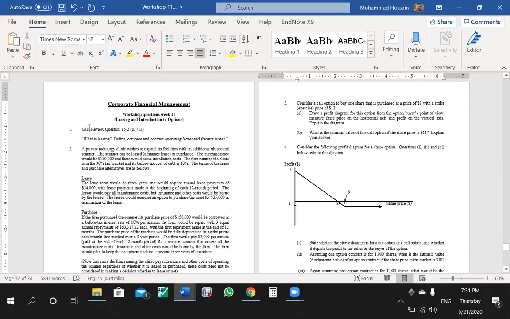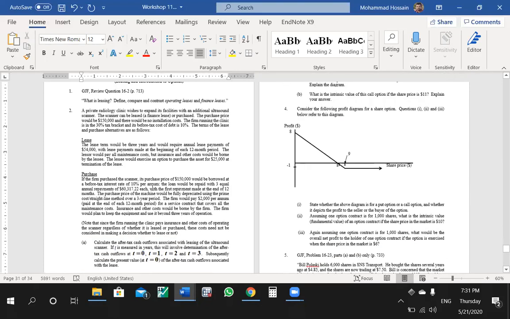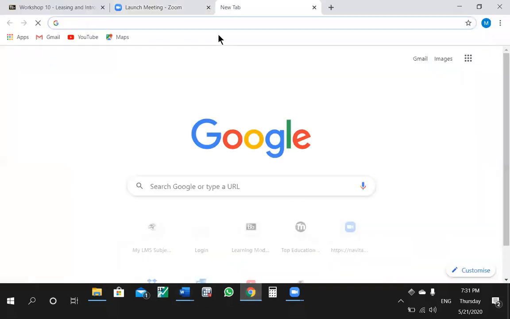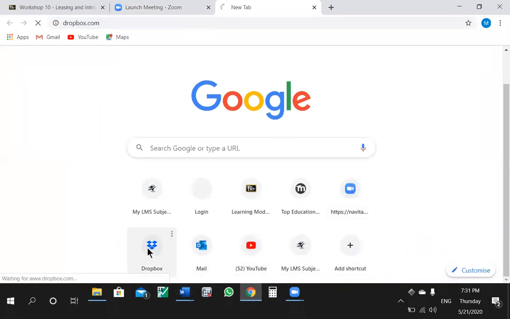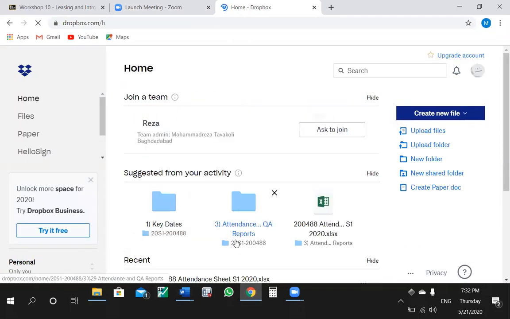Now let's try with our other problems. Okay, so let me do our attendance. Guys, I'm not going to share this screen because I should not share any information that can identify someone with the name and ID number.